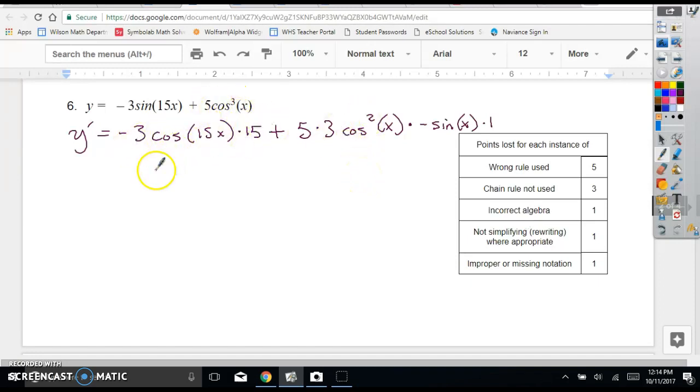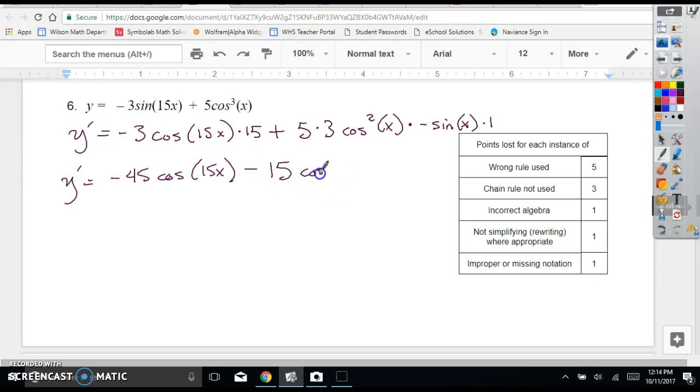All right, so let's simplify over here. This will be negative 45 cosine of 15x. So he's pretty user-friendly. Let's take a look here. It's going to be minus now because I have a negative times all these positives. So we're looking at 15, minus 15.